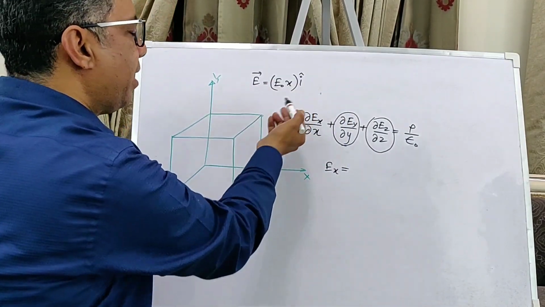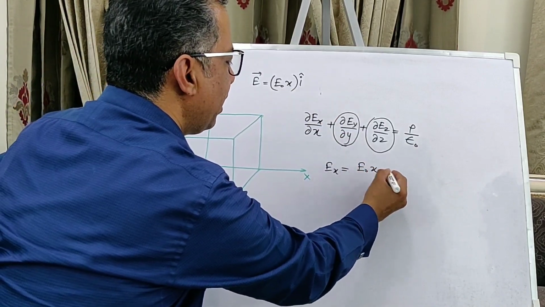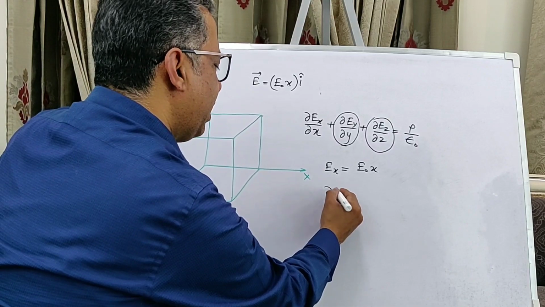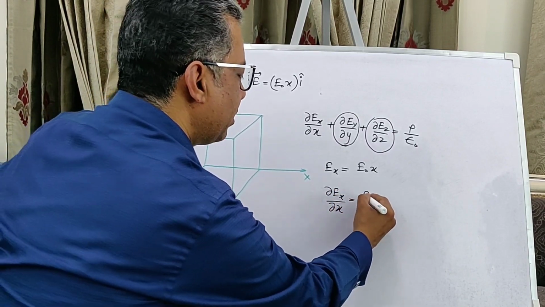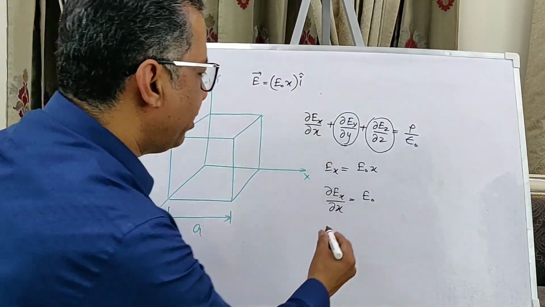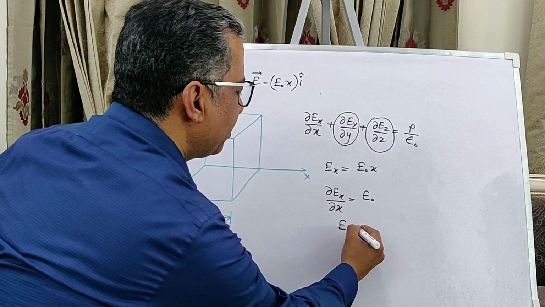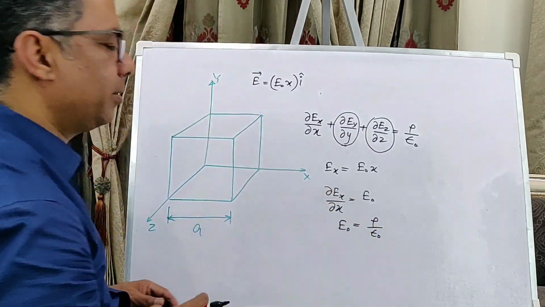Now if you look at this, this field is along the x direction, so this is Ex. Its magnitude is E naught times x. And therefore del Ex by del x equals E naught. Now substituting this over here, we get E naught equals rho by epsilon naught.